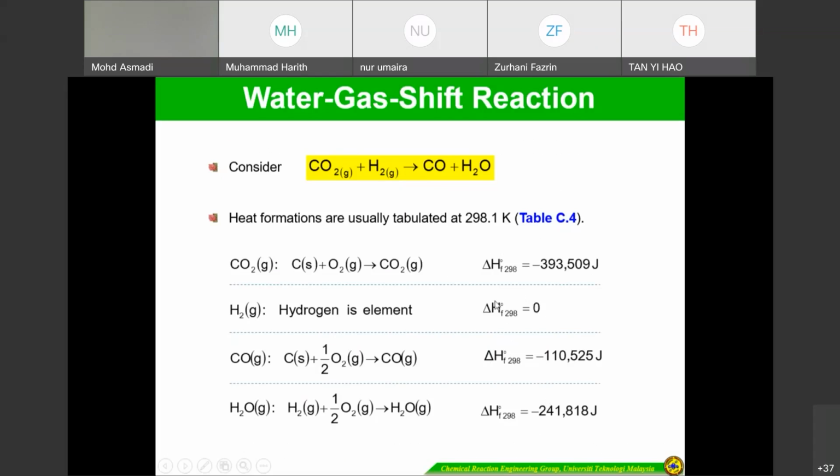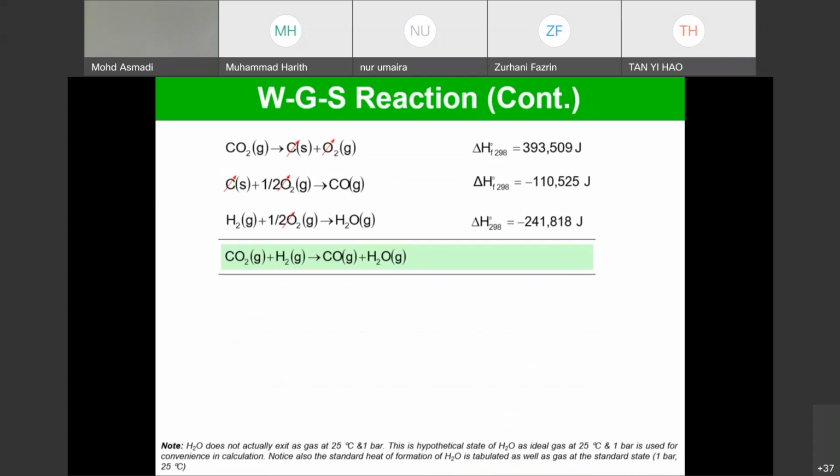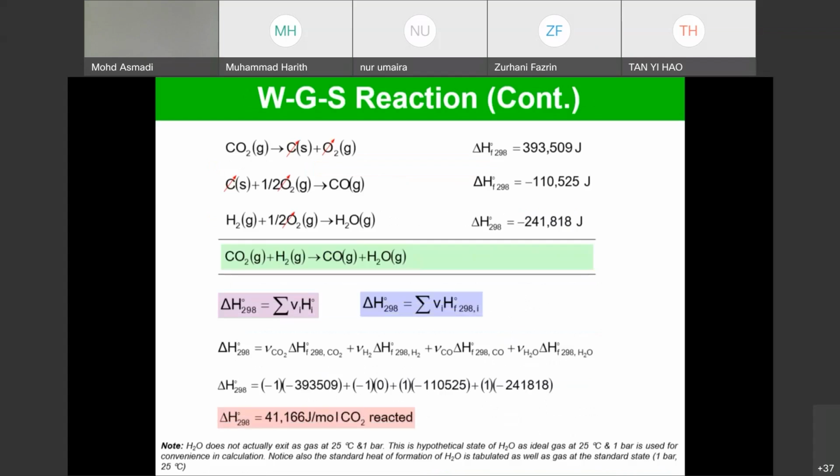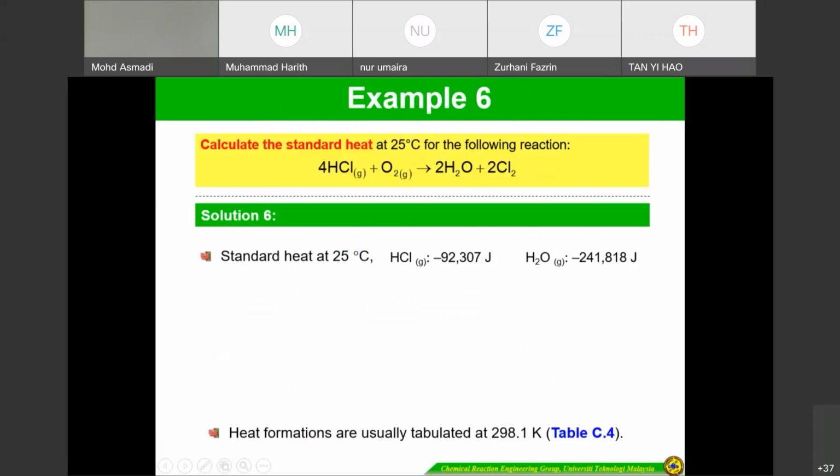But zero is for hydrogen because it is an element. Oxygen is an element too. We don't include them for the heat of formation. Element is zero. So how to calculate? If you still remember, we have to cancel out these equations to get the full equation.